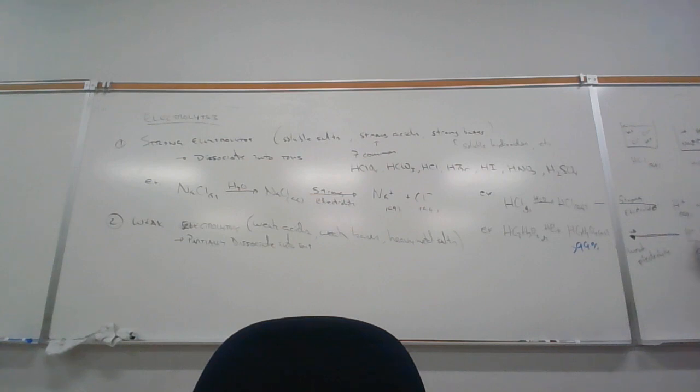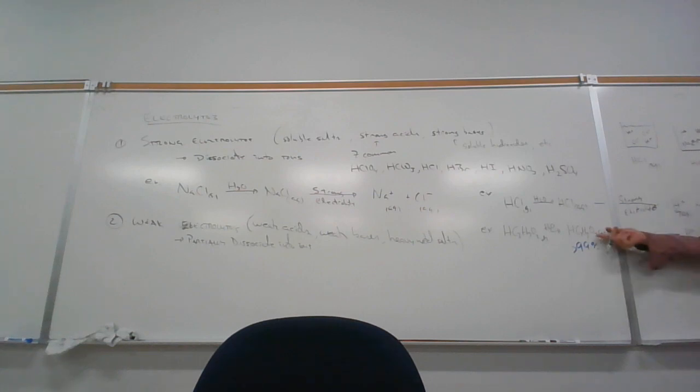This is what makes acetic acid weak. It's weak because there's not much H plus. H plus is acid, so the more H plus we have in there, the more acidic it is. HCl is going to be much more acidic than acetic acid because there's so much more H plus present. These ratios change: the stronger the weak acid is, the more it dissociates, and the weaker the weak acid is, the less it dissociates.